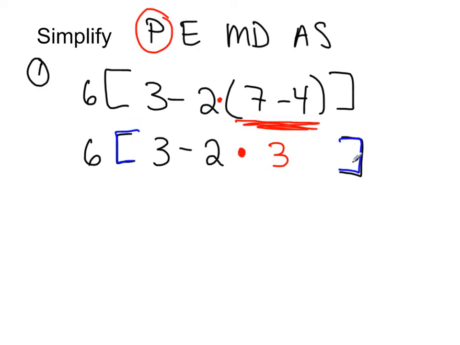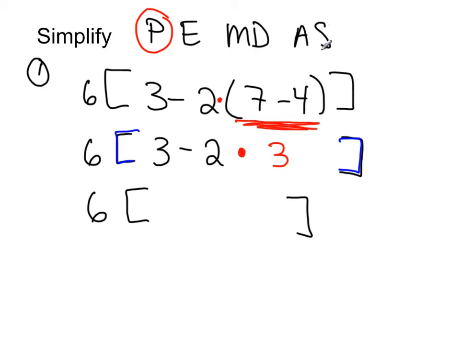Now, we are in the still parenthesis stage. We're following order of operations when we have to simplify the square brackets. So we have 6, and let's see if we can get these square brackets minimalized. Inside the square brackets, we're following order of operations. We have 3 minus 2 times 3. We're following order of operations always, so you can't do 3 minus 2 before you multiply, right?